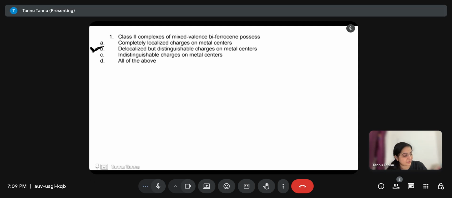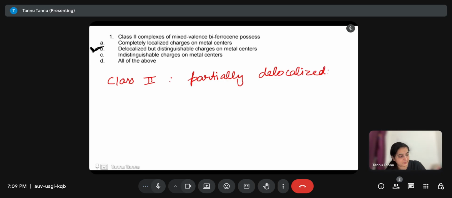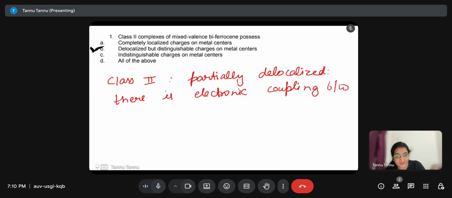We have discussed it, and I'm writing the explanation also. Class 2 is partially delocalized. There is electronic coupling between the two metal centers.